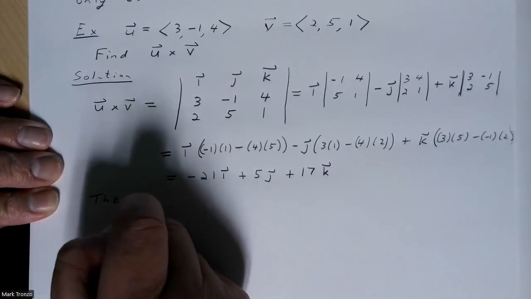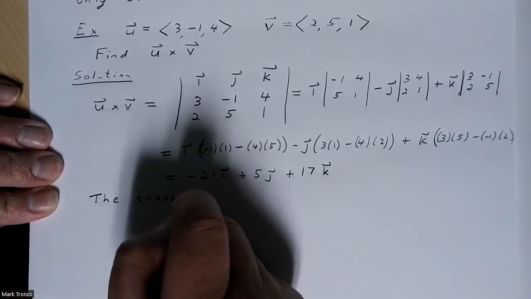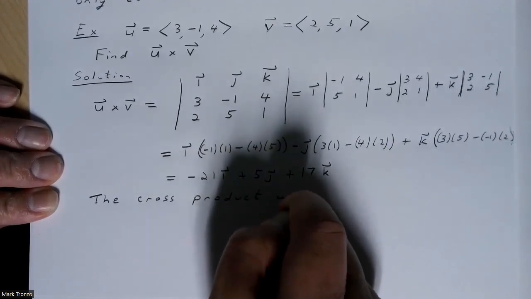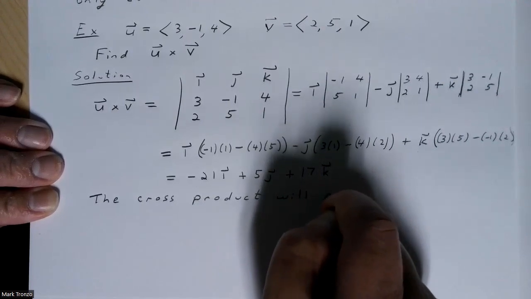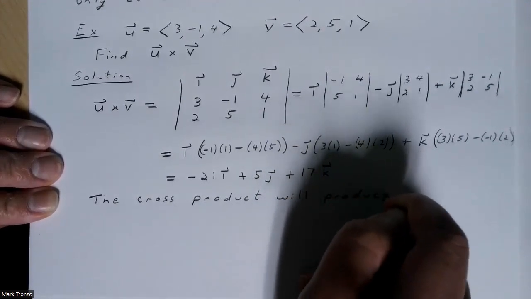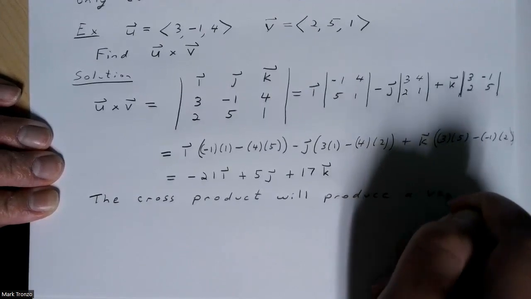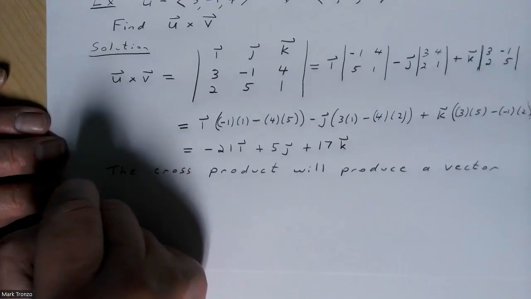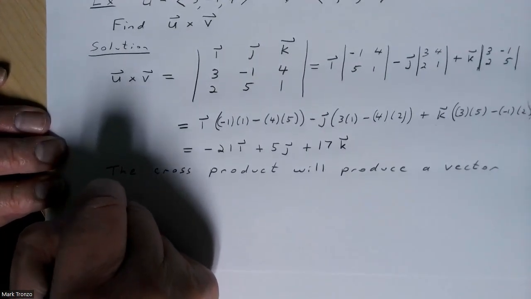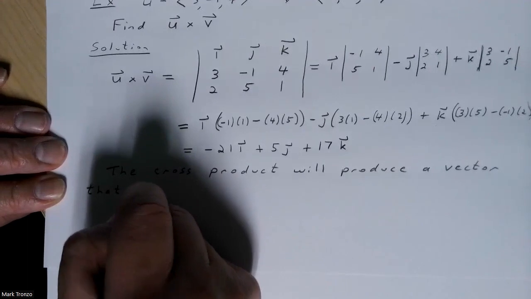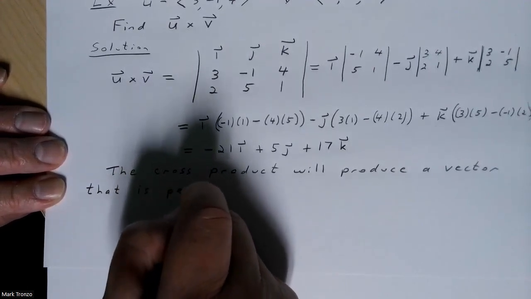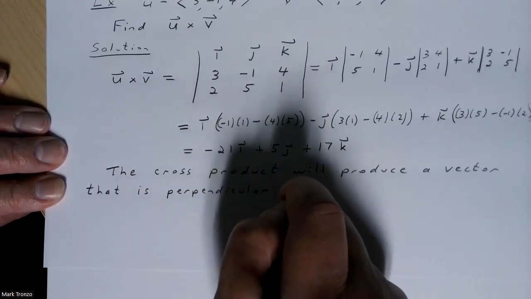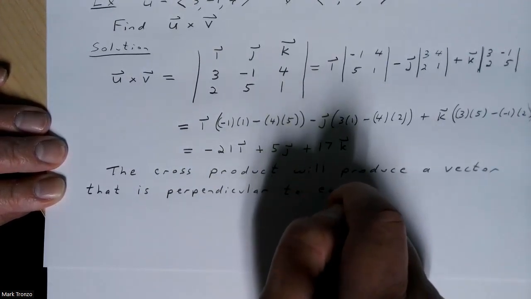The cross product will produce a vector that is perpendicular to each of the original vectors.